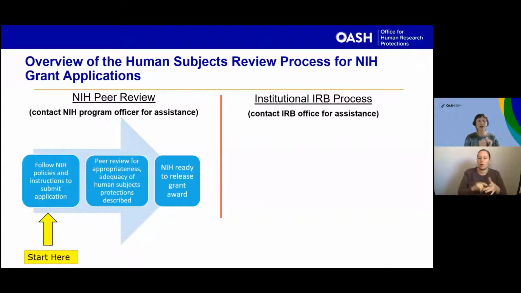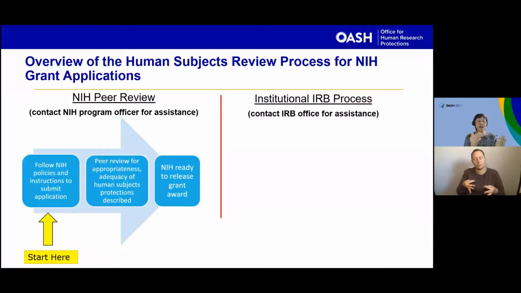You submit your application, it goes through scientific peer review. The scientific peer reviewers will also be asked to do a brief review of the adequacy of human protections if your research is considered to involve human subjects, materials, and so on. And so they will do a brief review of that as well before they make their decisions.